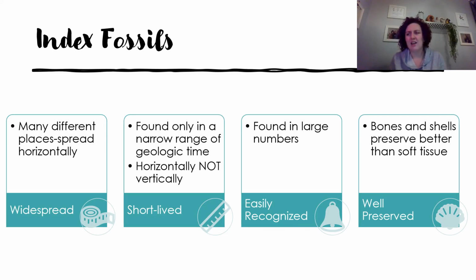So they are able to be preserved, rather than a leaf of a plant that was only around for a certain amount of time, because there may not be many leaf fossils left behind because they don't preserve nearly as well. Not saying that we don't use plant matter as possible fossils, but yeah.